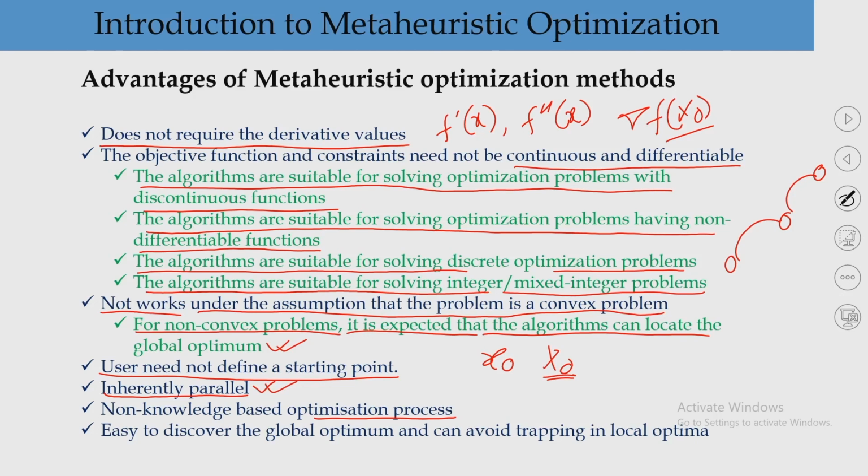So, it is easy to discover the global optimum. As I said, it is expected that the algorithm will give you the global optimal solution of the problem, and can avoid trapping in local optima.